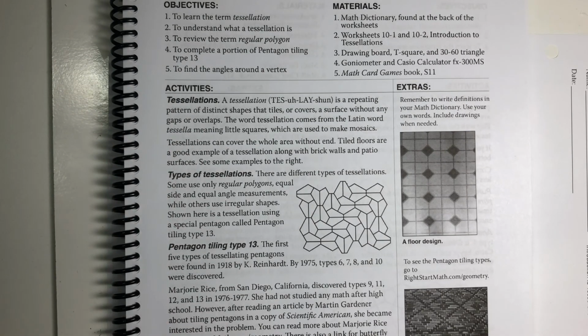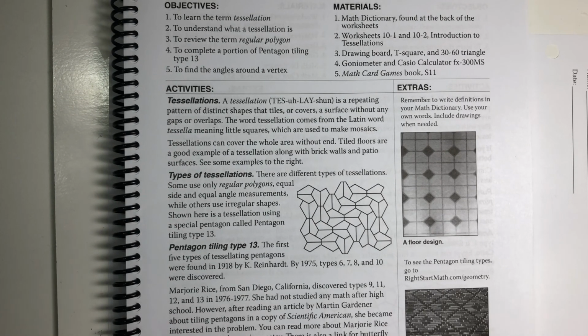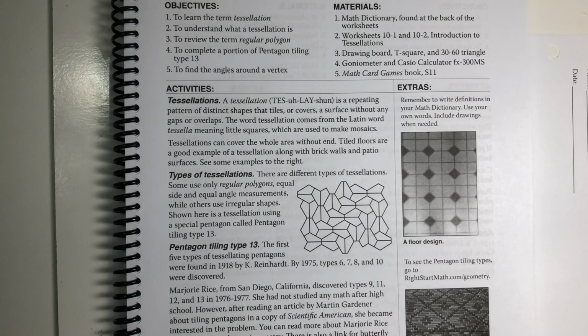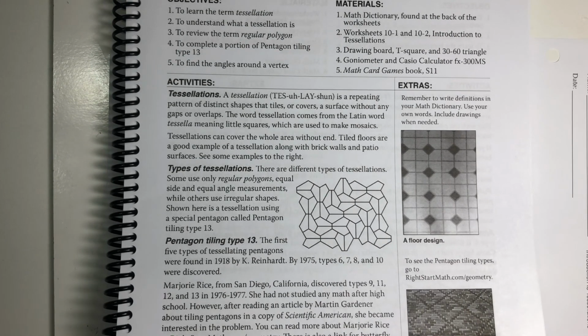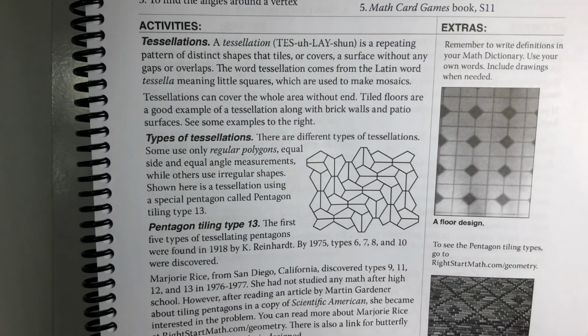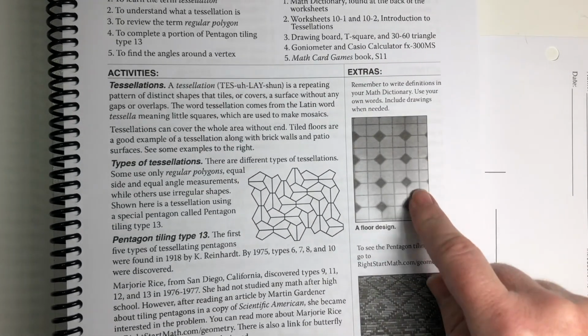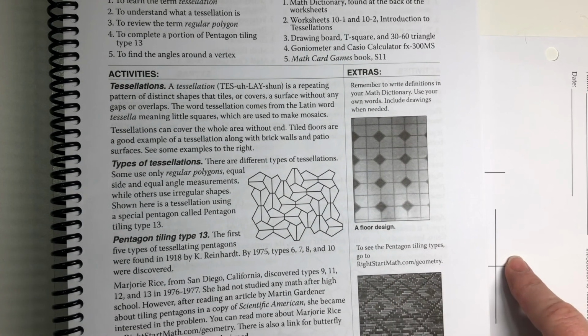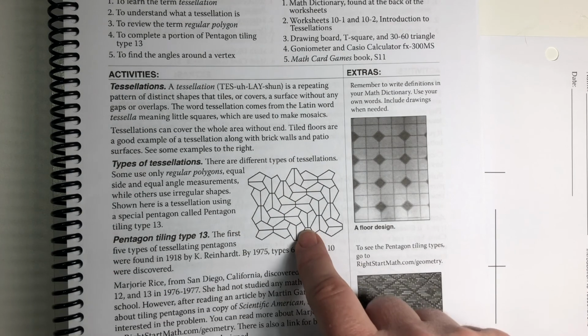It gives some background information about what a tessellation is and what they can expect, and a lot of times some hints on how to figure out the worksheet. It does not teach them how to do the worksheet step by step, but it gives them background information that could be very valuable. Additionally, there are pictures that relate back to what they're learning on their worksheet in order to be successful.